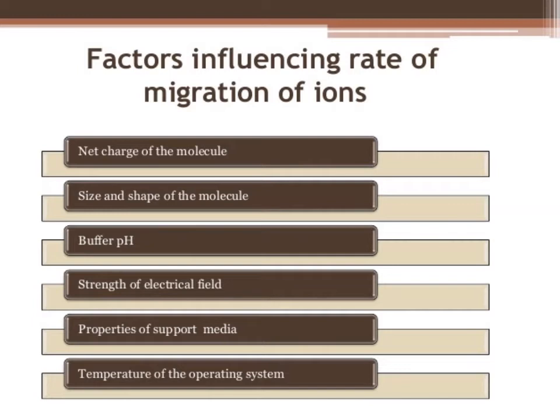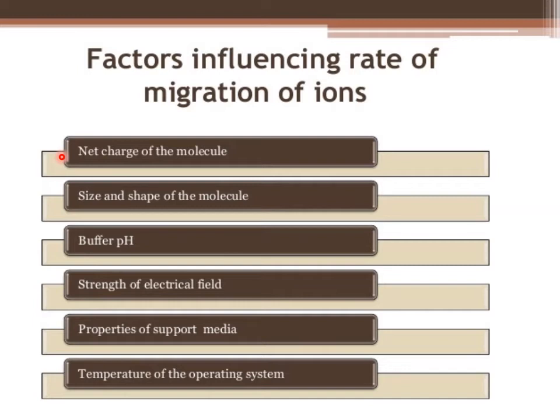There are several factors which affect the migration of charged substances during electrophoresis. One important factor is the net charge of the molecule. For example, in case of proteins, the charge is dependent upon the pH. At a certain pH, the protein may have greater positive charge.